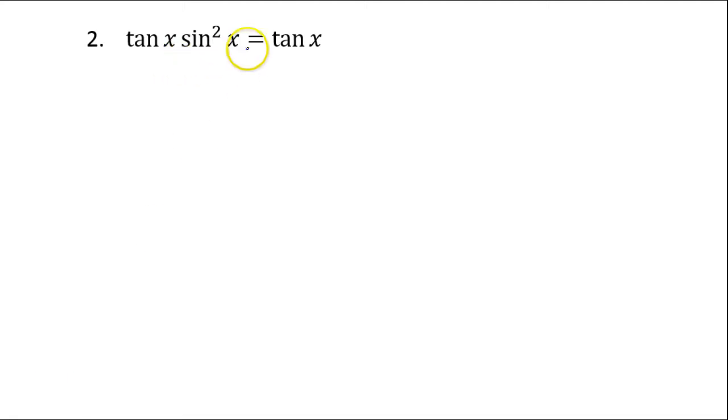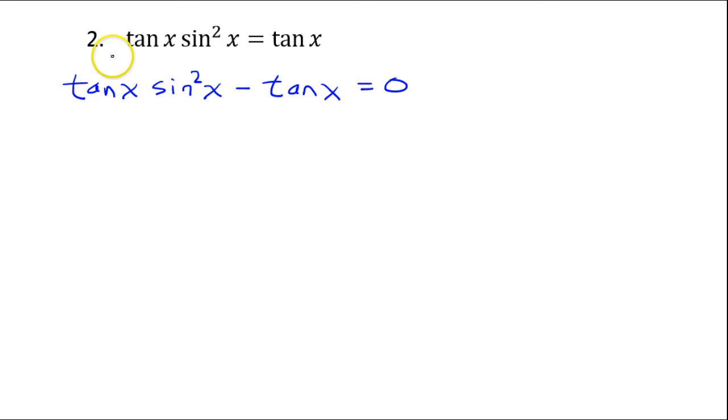Let's take a look at problem number 2. Let's go ahead and get 0 on one side by subtracting tangent x. That is going to give us tangent x sine squared x minus tangent x is equal to 0. Again, I see a common factor. As soon as I see the tangent x here and here, I know that's a common factor.